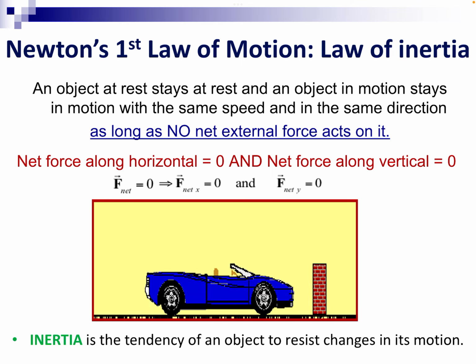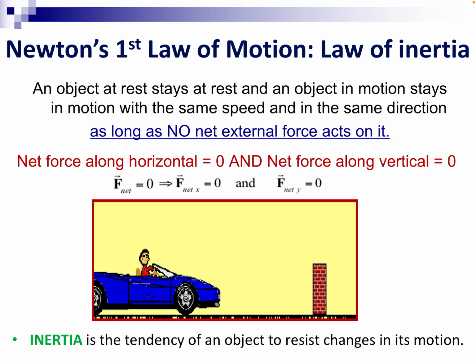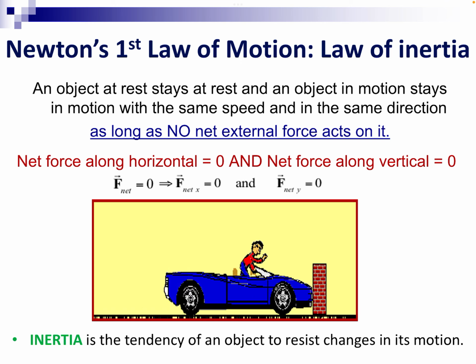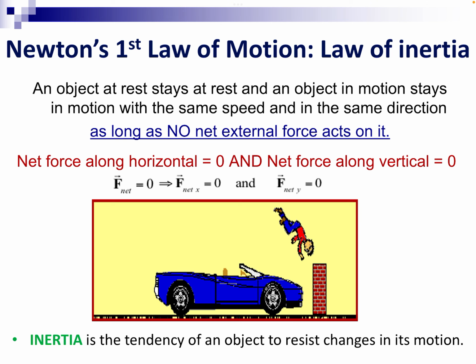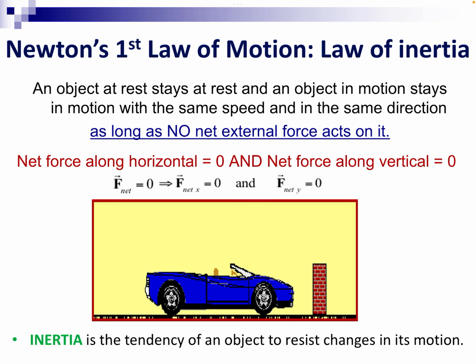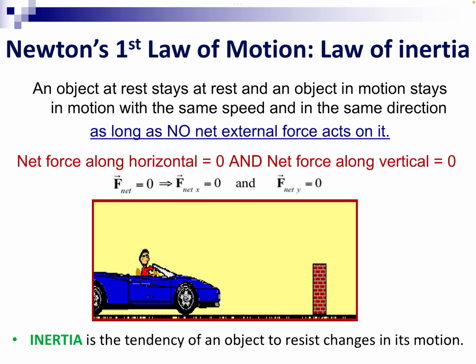So here's a good illustration of the first law of motion, right? You have a car that's moving to the right. The car is abruptly stopped by this barrier, right?